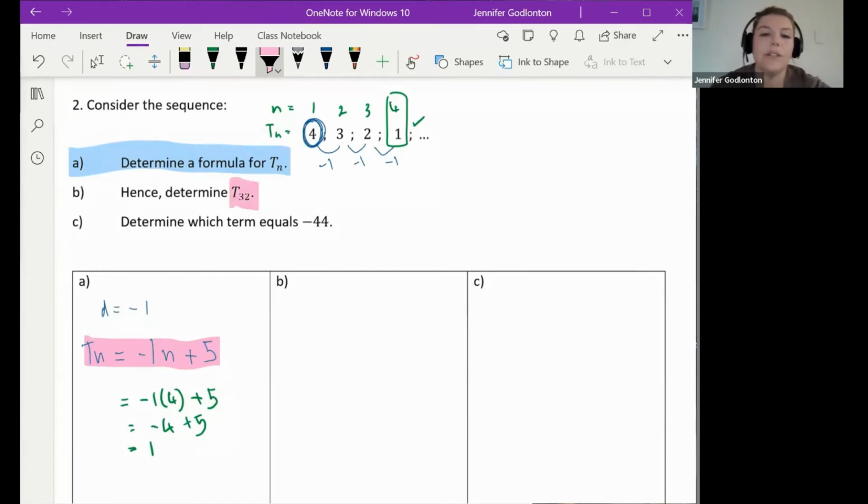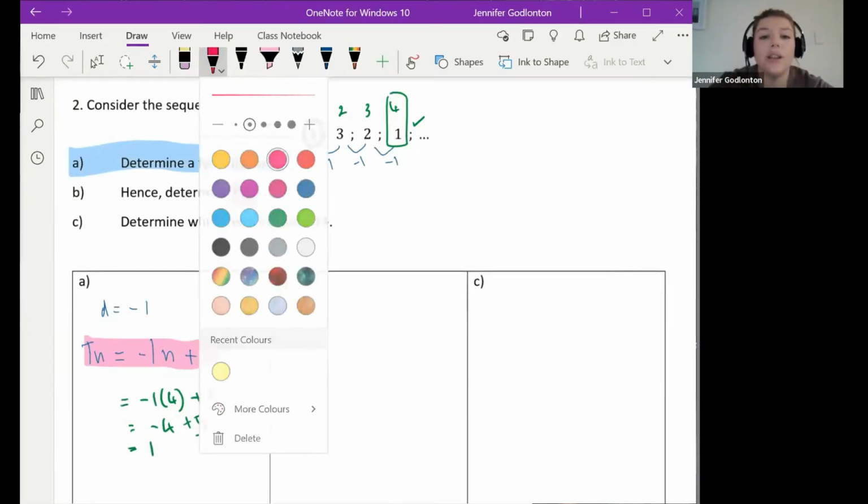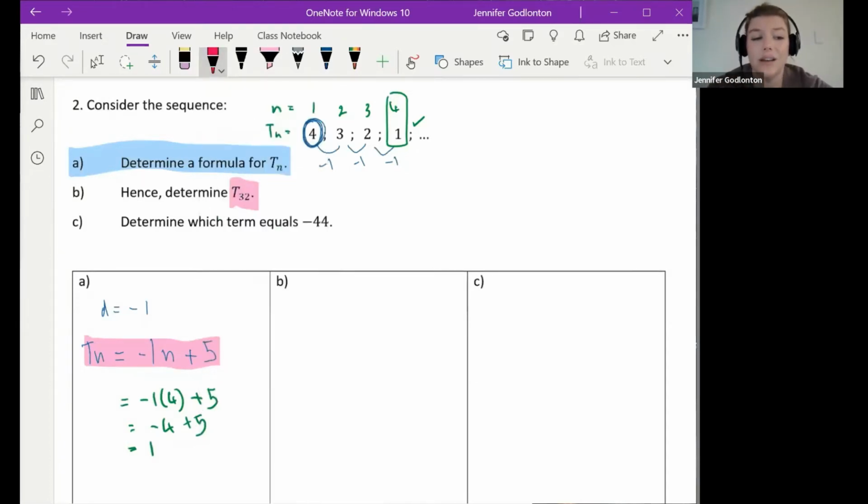Determine T32. Who can tell me what this question is trying to ask? What information have they given us? And what am I trying to solve? Who can tell me what information they've given us with the T32? Well, that it's term 32. Good, it is term 32. So what does that mean though, if it's term 32? You replace the n with 32. Yes, good.